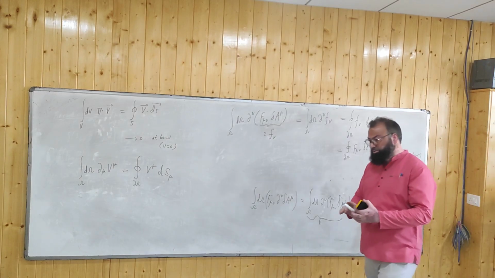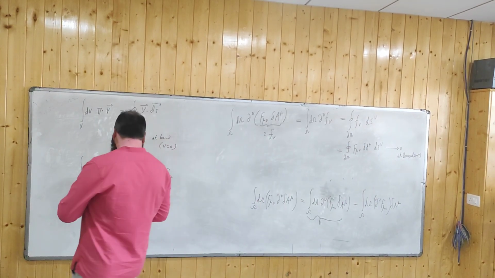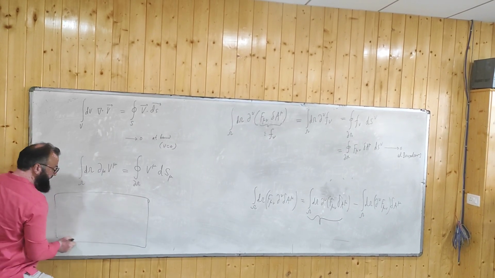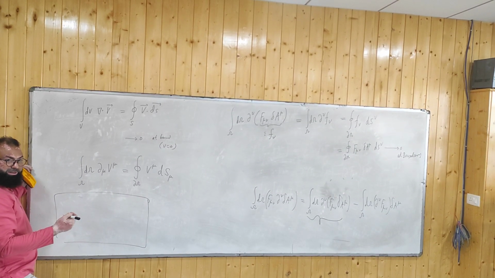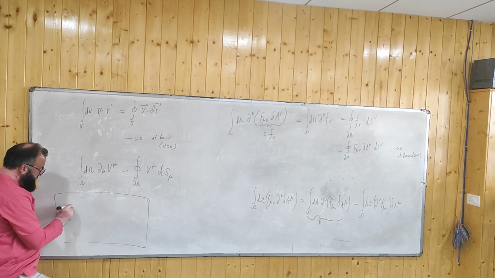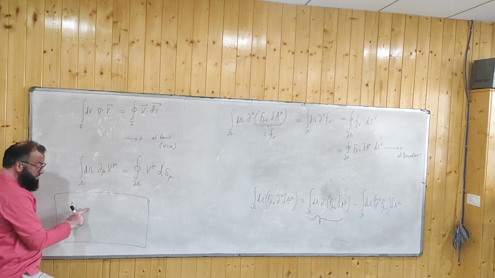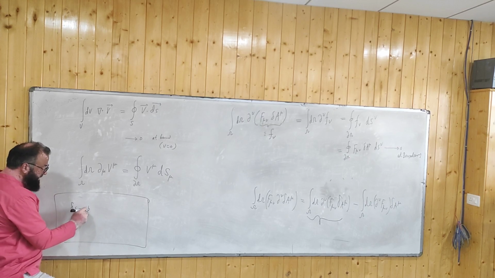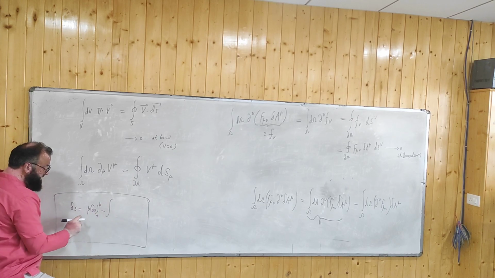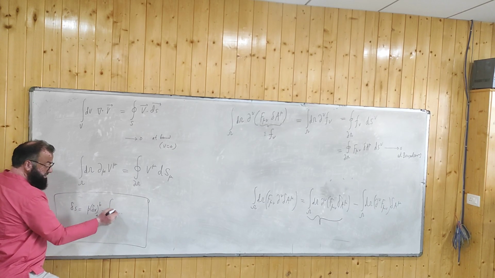It's like this. When we were doing the action for the free particle, you remember it? How did we define it? You have delta S equal to one term, let's say p delta x, evaluated at A and B, minus the other terms.